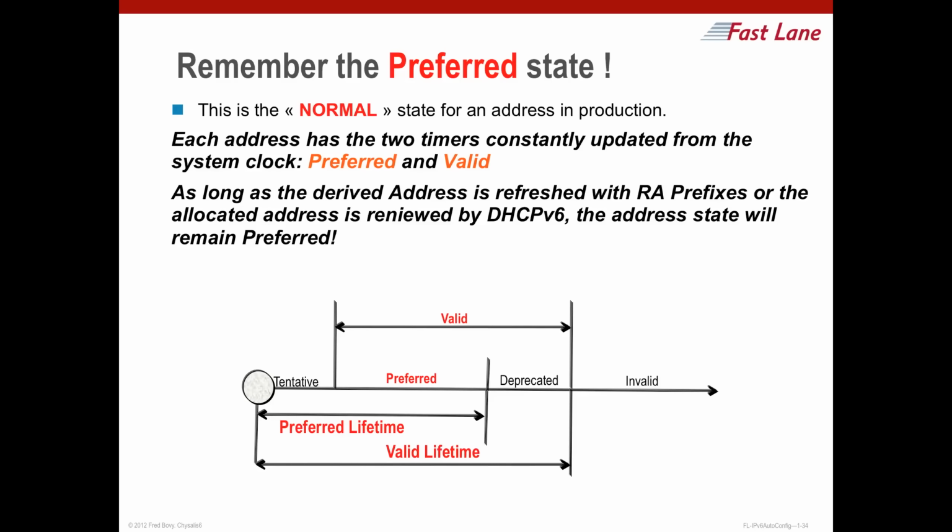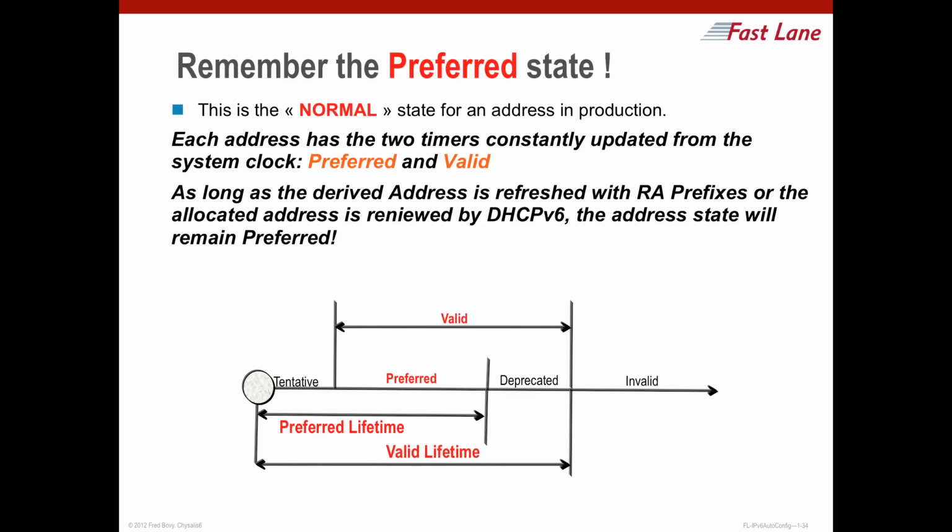So once the address is configured, remember that the normal state for an address is the preferred state. Which means that it must be refreshed. It must be refreshed to remain preferred, because it is only in the preferred state that the address can be used for new connections and for existing connections.